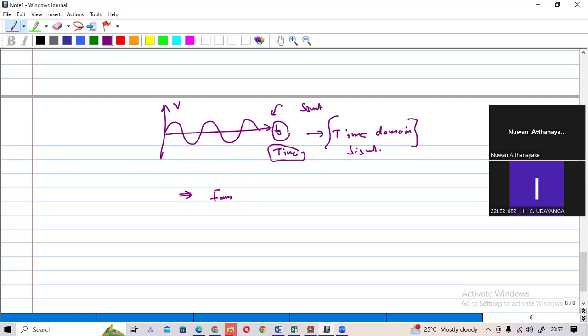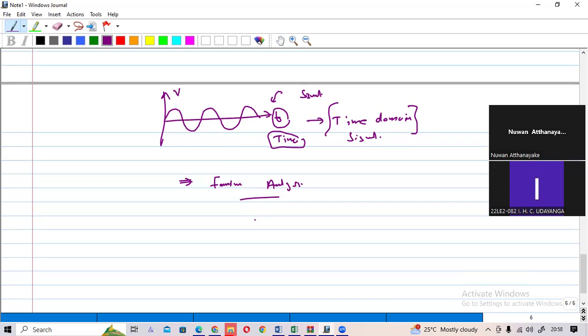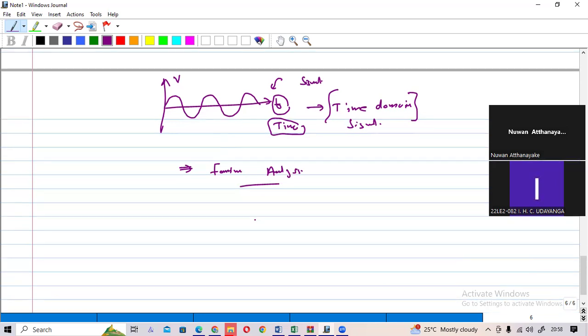So maybe you can remember that we have learned a very important technique called Fourier analysis. We use Fourier analysis to find the frequency components of a signal.